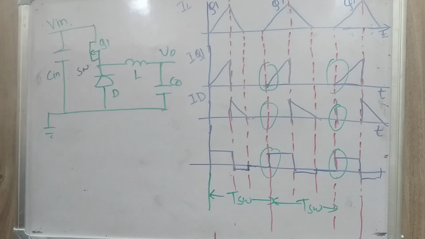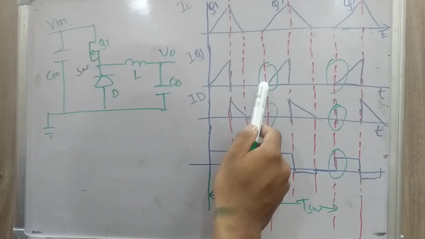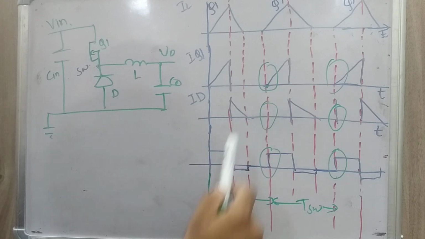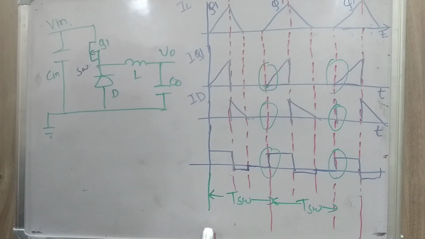There is no diode current. We have already seen two conditions for the reverse recovery loss phenomenon: the diode must be conducting with a certain forward current, and it should be suddenly reverse biased. But here there is no diode current, because the inductor current has already reached 0, and for the rest of the PWM cycle it remains at 0.